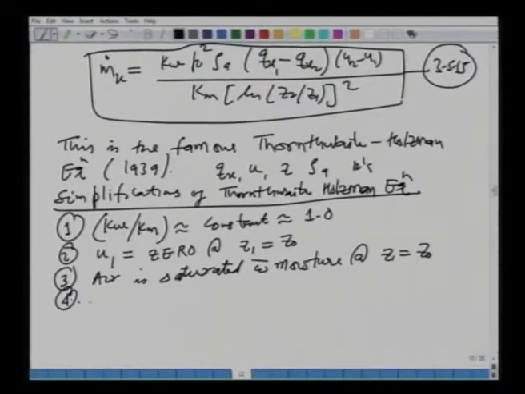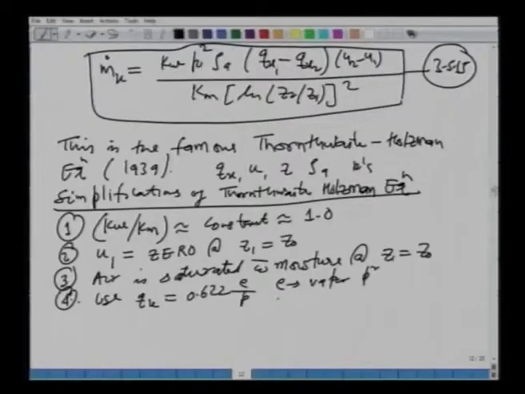Next simplification is we use the expression for QV, that is specific humidity, as 0.622 E over P. We have derived this already, where E is your vapor pressure which we can measure in the atmosphere. How can we measure the vapor pressure? Well, we measure the dew point temperature and we use the equation for saturation vapor pressure.